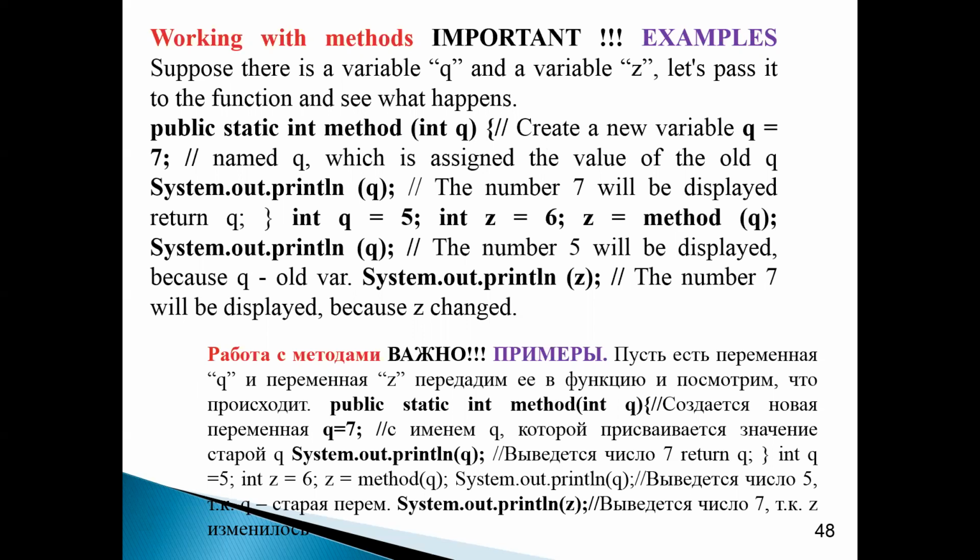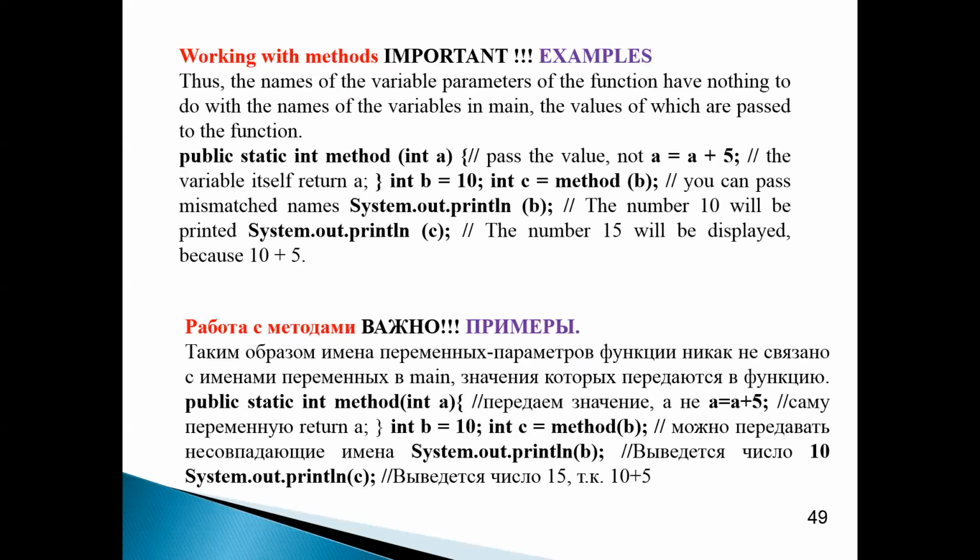Please look carefully at these examples. Suppose there is a variable q and a variable z. Let's pass it to the function and see what happens. Please look carefully at this code. Okay, next slide. You can see examples.